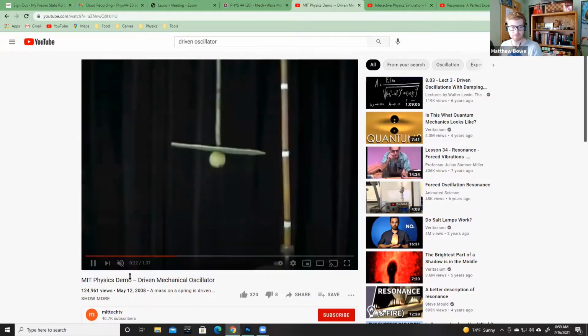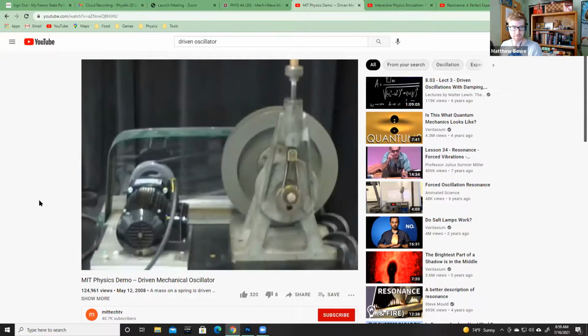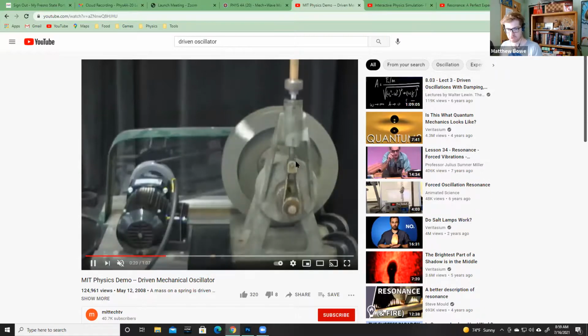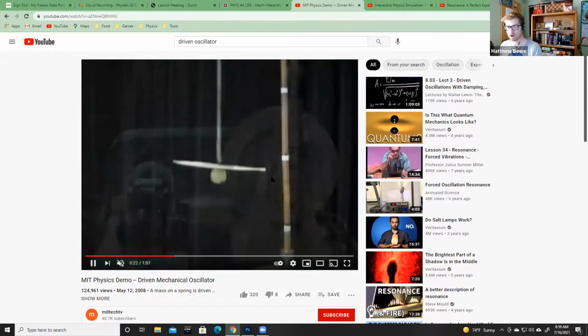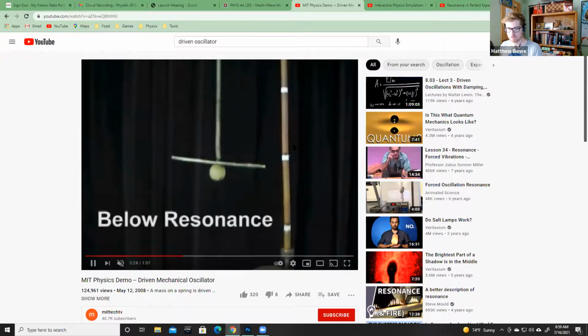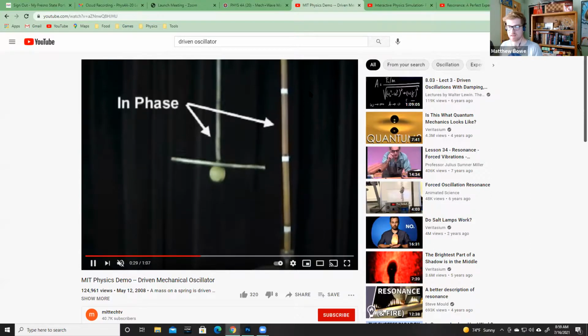So we have, I want to show that first. So there is this natural frequency that is very constant. And so this rod on the right is showing the phase of the, let me pause. It's showing the phase of this oscillation. It is at a constant rate.